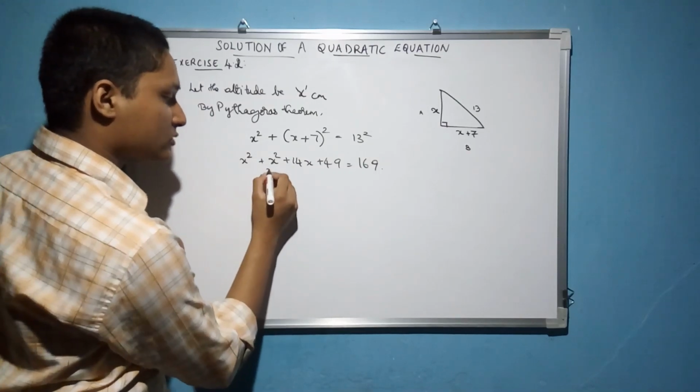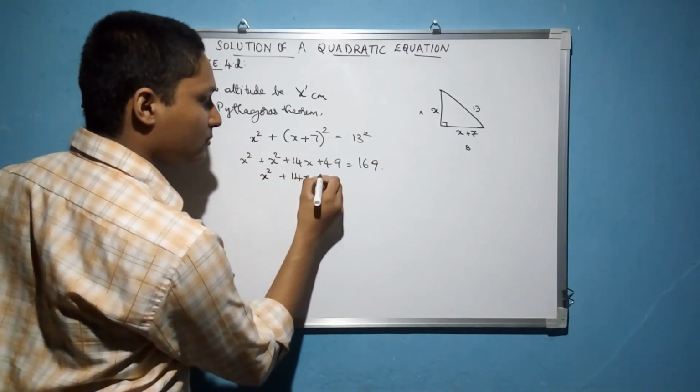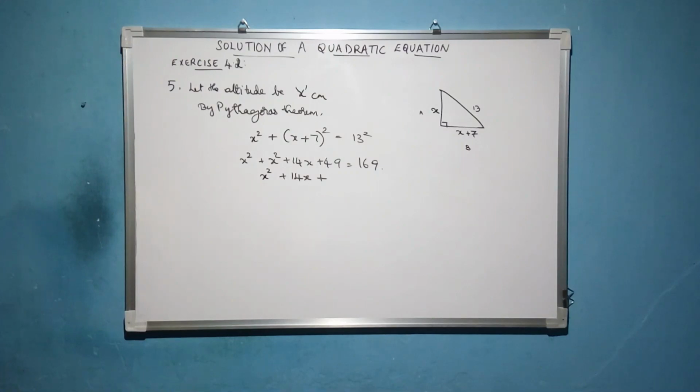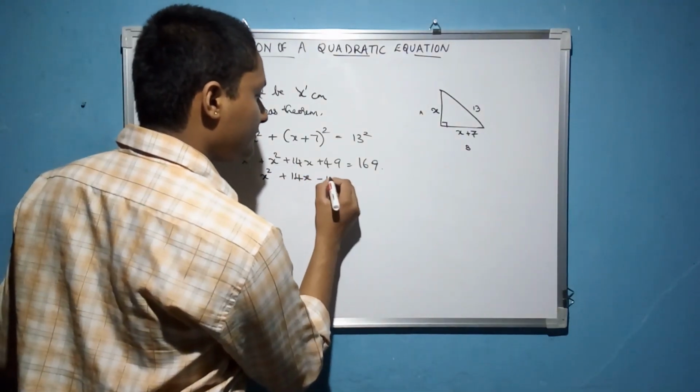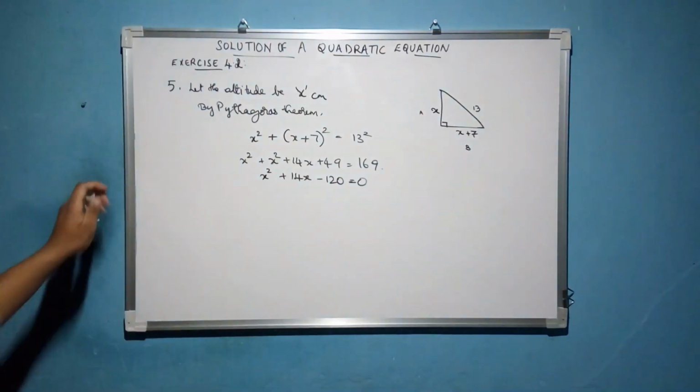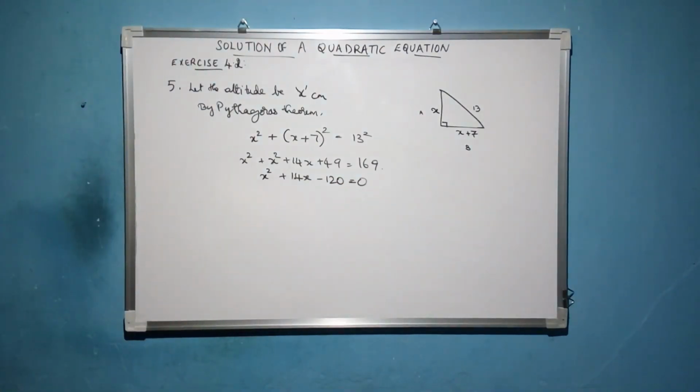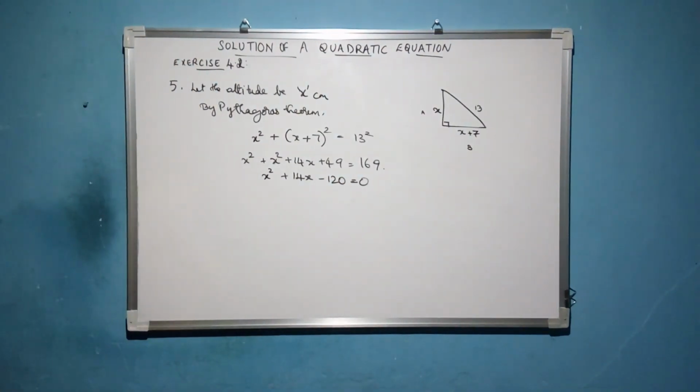So this is going to be x square plus 14x plus 169 minus 49, which is going to be 120. When you bring it to the left hand side, it is going to be negative. Therefore it is going to be x square plus 14x minus 120 is equal to 0.